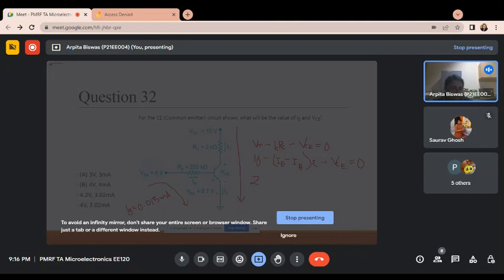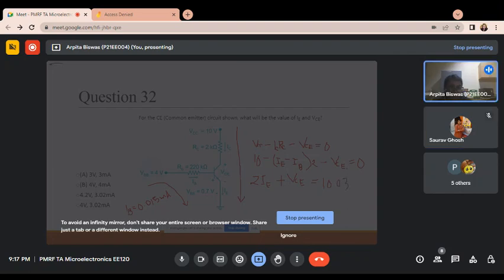So here finally you will get this equation 2IE plus VCE equal to... Saurabh, what is the value? 10.03. 10.03, yes, ma'am.